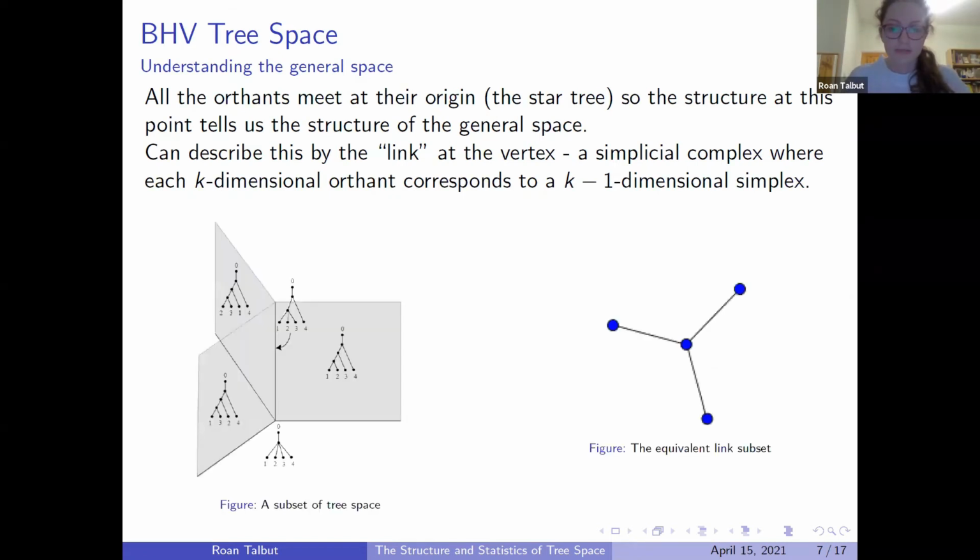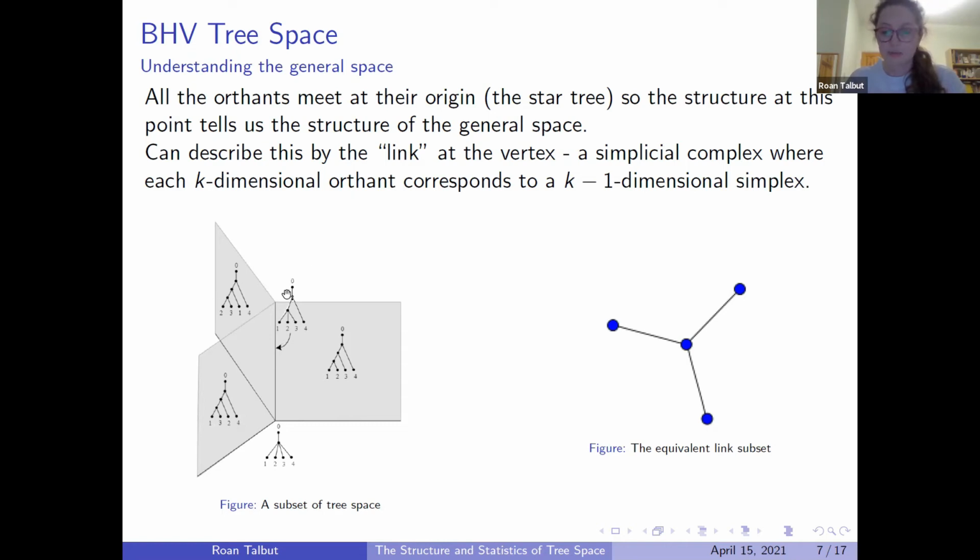Just to give you a concrete example of how this works, on the left here we have the same diagram from earlier, with 4 half lines coming out from our star tree, which is the one at the bottom here. Each of these 4 half lines corresponds to one vertex in our link. We then join up those vertices according to when we have a plane joining those 2 half lines.